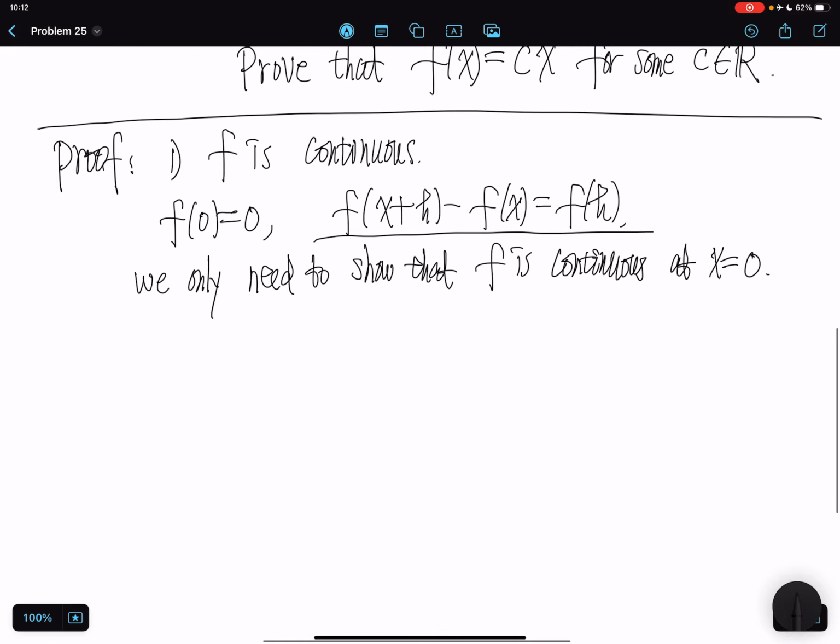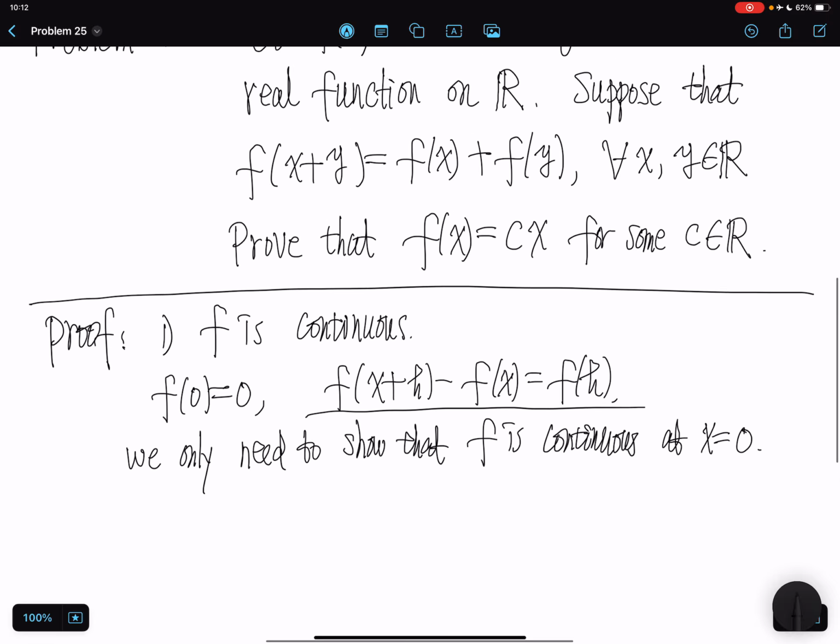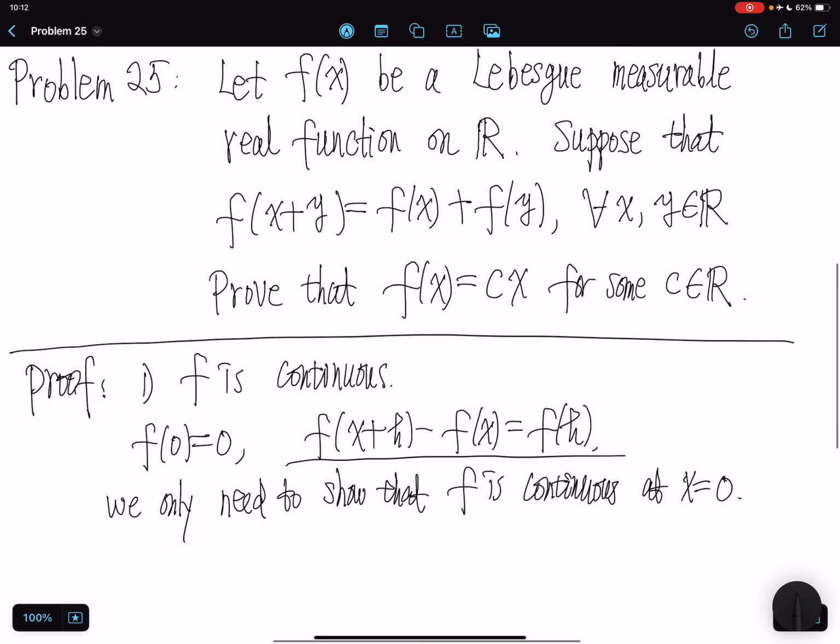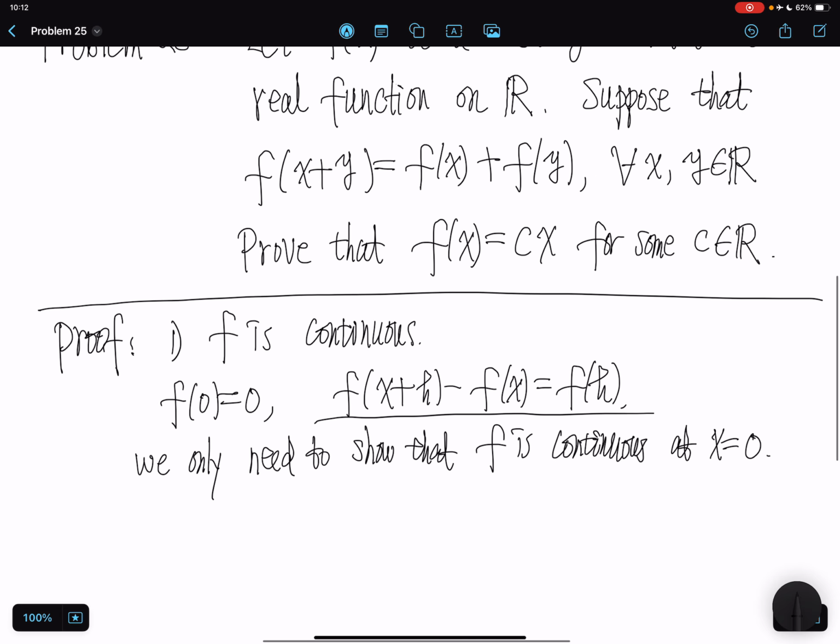So here we need to apply Lusin's theorem, a very important theorem, which tells us the relationship between a measurable function and a continuous function.